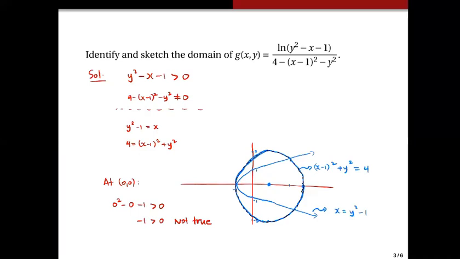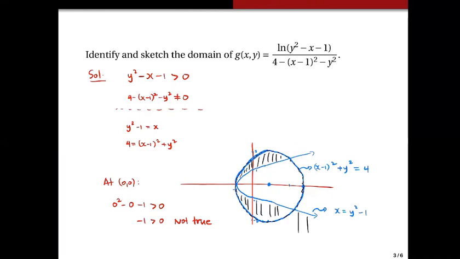Therefore, the point (0, 0) must not be inside the domain of G. The point (0, 0) is in here, so it's inside the parabola. It's not included in the domain. So the domain must be the other side of the parabola, which means we have this region here.